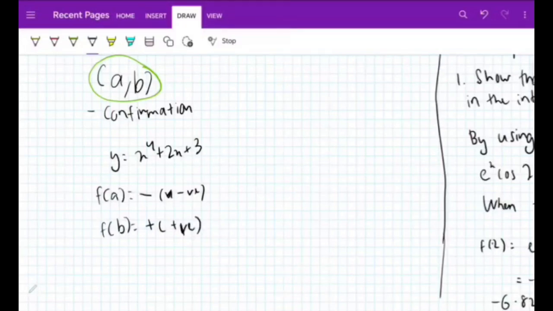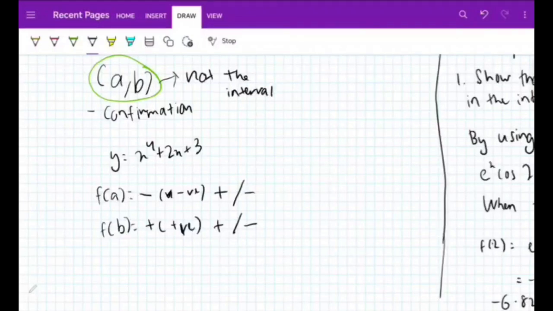Only then is it correct that the interval contains the root. If we substitute both values and this side is positive and this side is also positive, or both negative, that means this is not the interval.